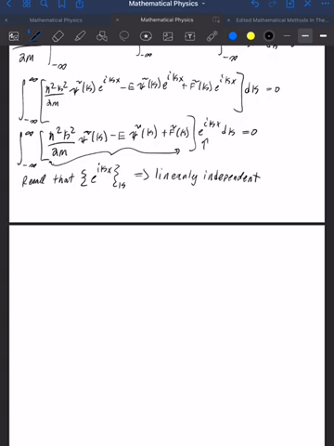It has to. That must equal 0 in order for this integral to equal 0.